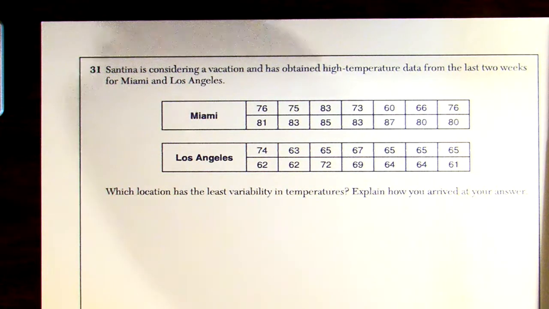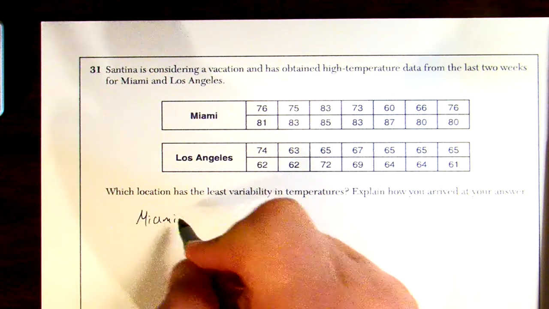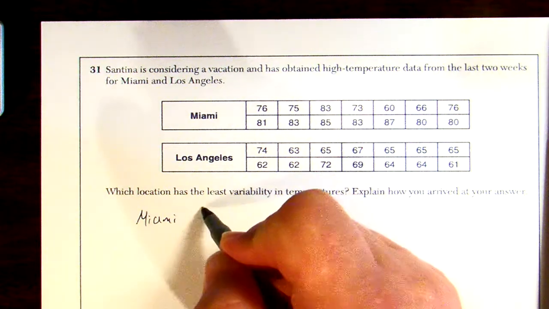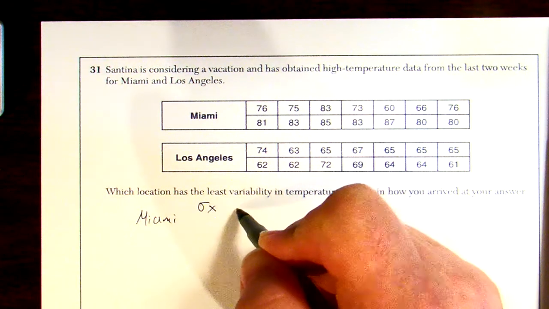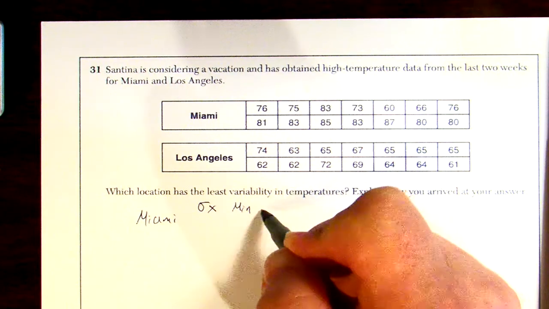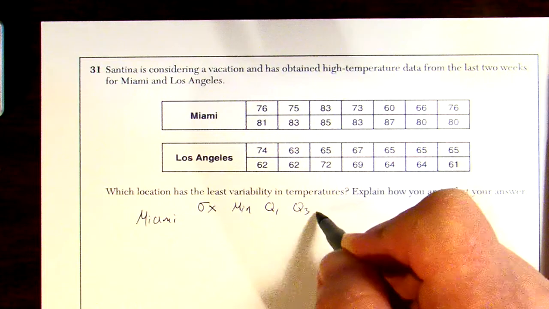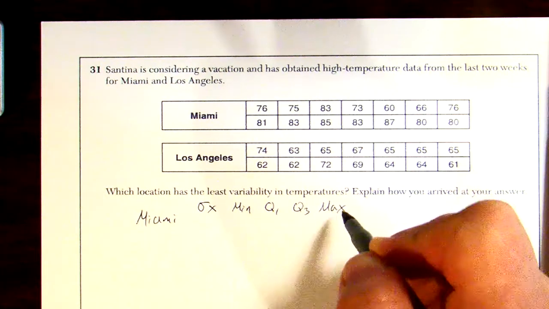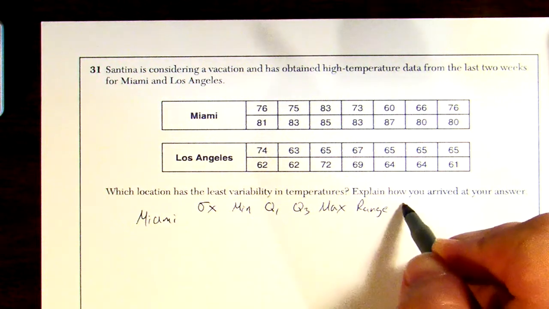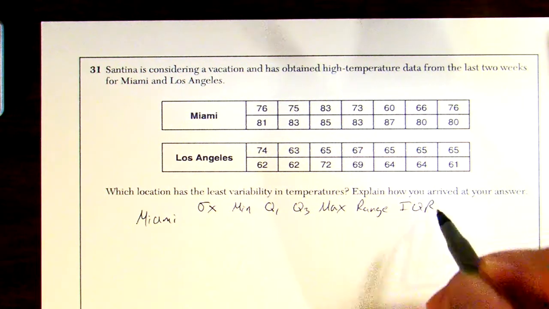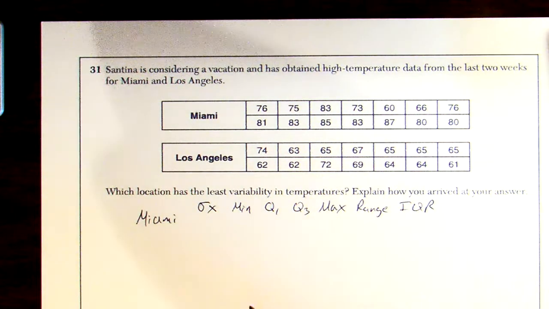For Miami, you're going to want your population standard deviation, your min, quarter 1, quarter 3, your max, your range, and an interquartile range. So these you're going to have to find, but it's pretty easy with the data that we got.